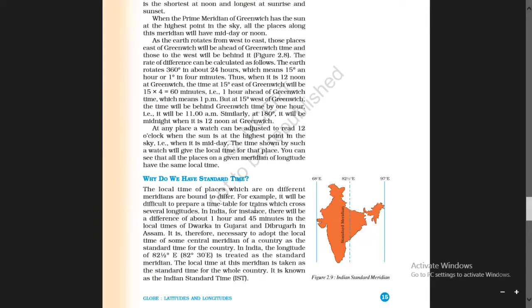In India, for instance, there will be a difference of about 1 hour and 45 minutes in the local times of Dwarka in Gujarat and Dibrugarh in Assam. It is therefore necessary to adopt the local time of some central meridian of the country as the standard time for the country. That is why it is adequate to have this standard time for the country.